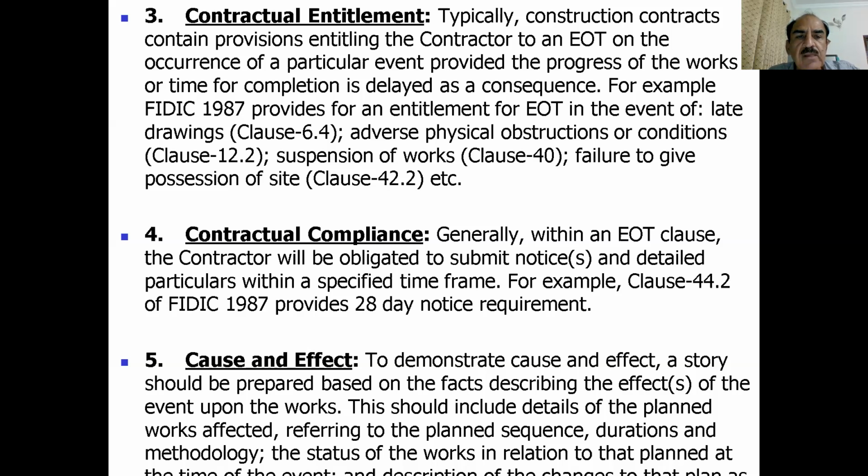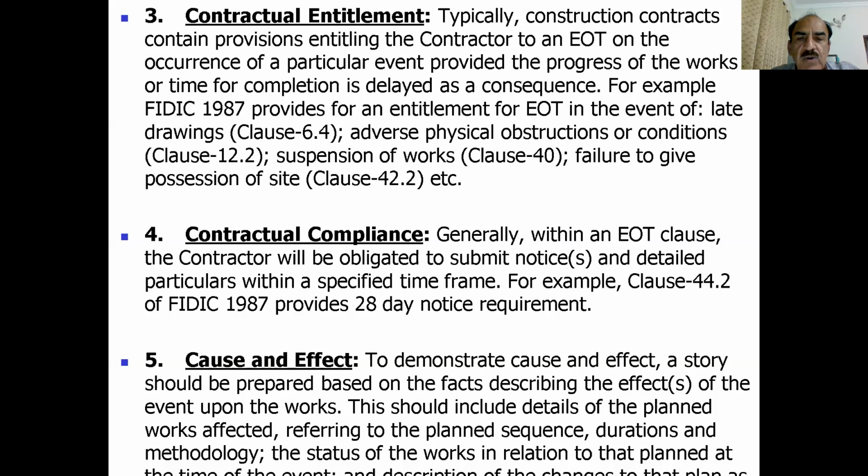For example, the FIDIC 1987 provides an entitlement of extension in time in the event of late drawings, clause 6.4, adverse physical obstructions or conditions, clause 12.2, suspension of work, clause 40, failure to give possession of site, clause 42.2, and so on. So there are various clauses under the FIDIC, which then describe the justification for extension in time, and then again the claims or compensations.